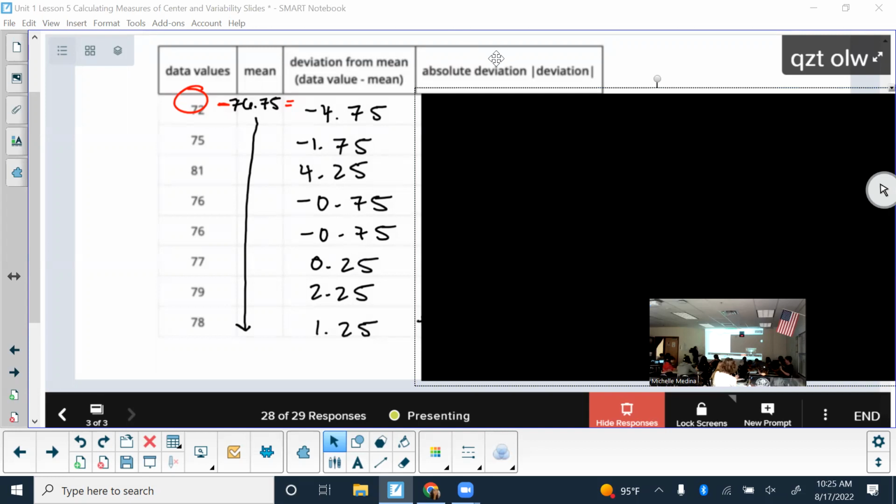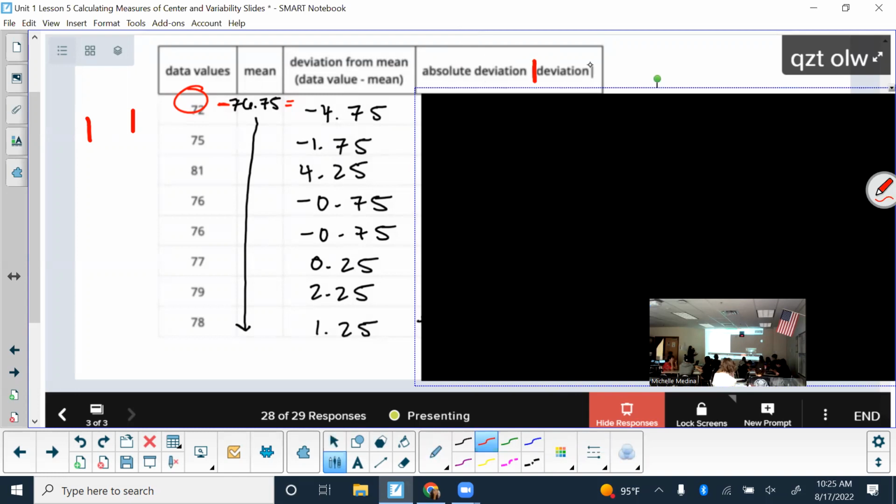All right, now what we are going to do is take the absolute deviation. So absolute value, you guys remember what that is? Or what it does to numbers? All right, so absolute value bars look like this. They're usually around a number or an expression.